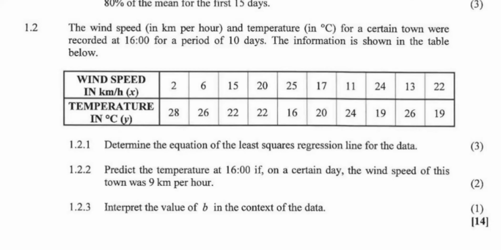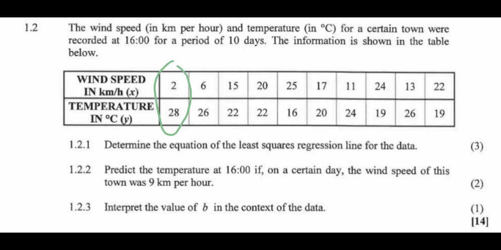Okay, so this is the first day. When the wind was traveling 2 kilometers per hour, the temperature was 28 degrees. When the wind was going a bit faster, 6 kilometers per hour, the temperature decreased a little, to 26 degrees. And then here, when it was blowing at 15 kilometers per hour, the temperature dropped even lower.